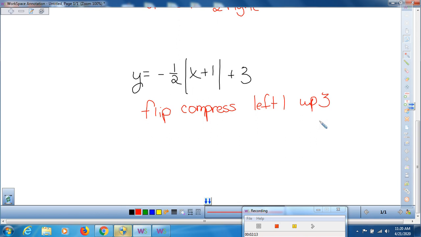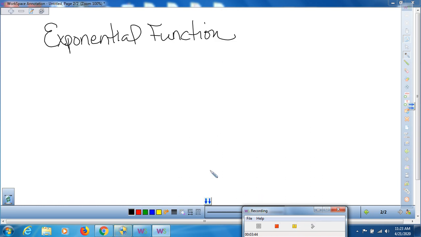So let's apply this to an exponential function. All right, so we have an exponential function. Now the other day we talked about how the basic exponential function is y equals a b to the x. We can already see this a here, which we said was our y-intercept, that takes that curve and either stretches it or compresses it.